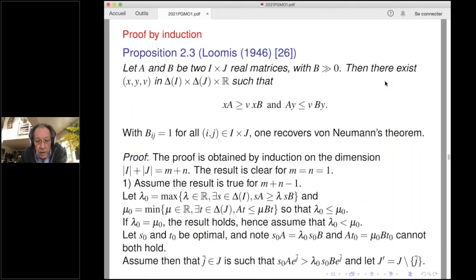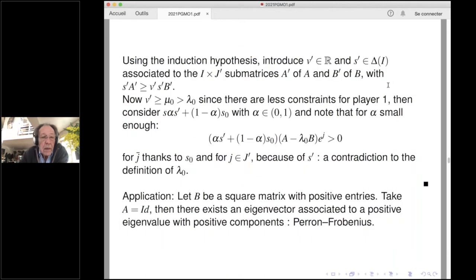So now you look at the game where player 2 cannot use this move, and then you use your induction hypothesis. So I introduce V prime, S prime, and T prime that are associated to the submatrices of A and B obtained by dropping the column J bar.